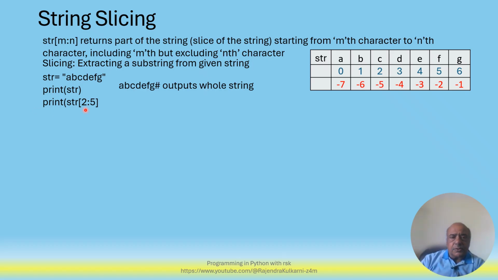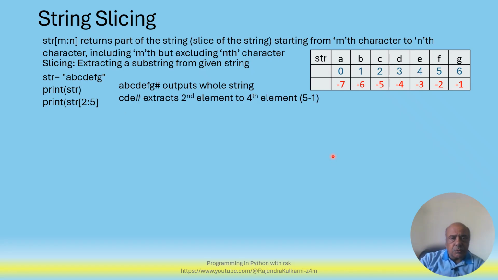So what do we expect to happen? A slice of the string str will be displayed as the output of the print statement, and that slice will start from index 2 and end at index 5 minus 1, which is 4. The output should be the characters at index 2 to 4, CDE.